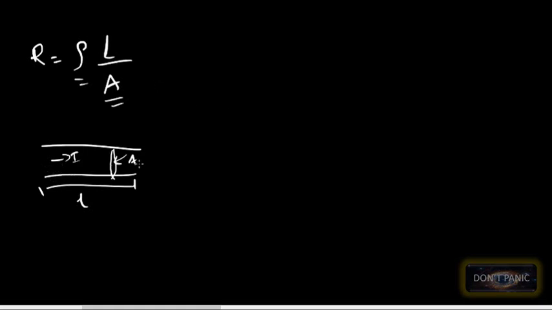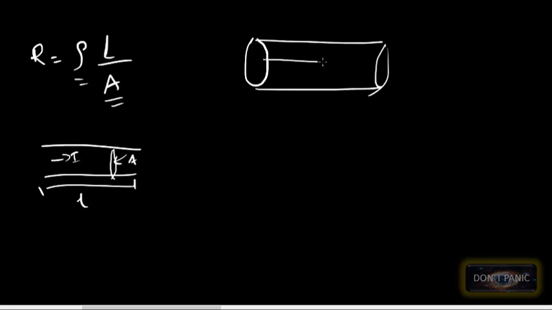Okay, so suppose your current is flowing in this direction, then that's fine, everything is easy. But if you have the case where you have a cylinder, and let's say another cylinder here, and your current is flowing in this direction.